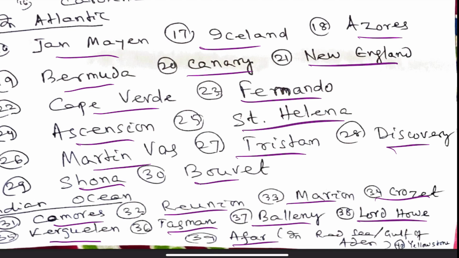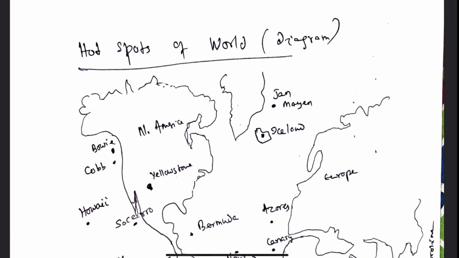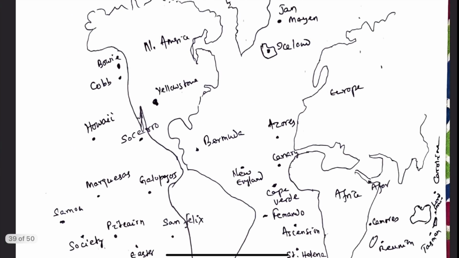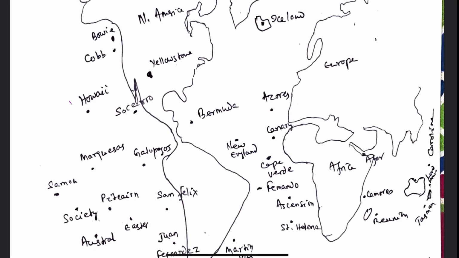So these are the spots where lava extrudes either to form volcanic mountains or to form triple junctions. This Afar hotspot has given rise to the Afar triple junction. These are the hotspots in the Pacific Ocean, in the Atlantic Ocean, and in the Indian Ocean.